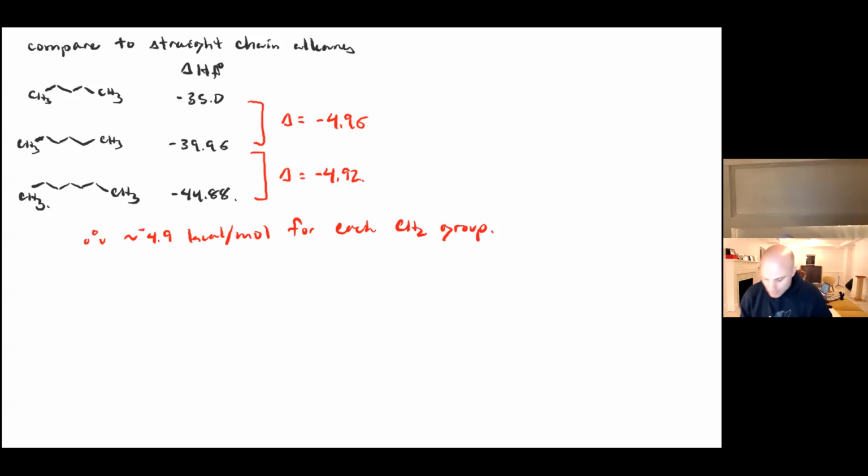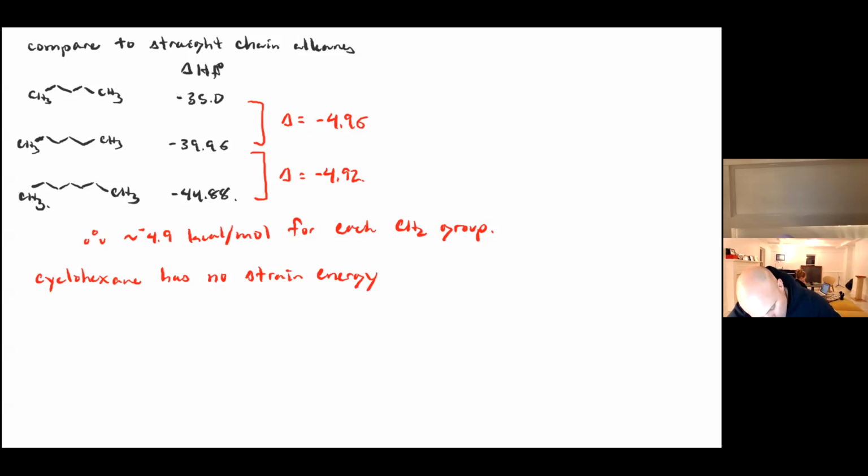And so essentially cyclohexane is as stable as acyclic saturated alkanes, okay? And so what we say is that cyclohexane has no strain energy, okay? There's no energetic penalty for wrapping 6 carbons around into a ring.